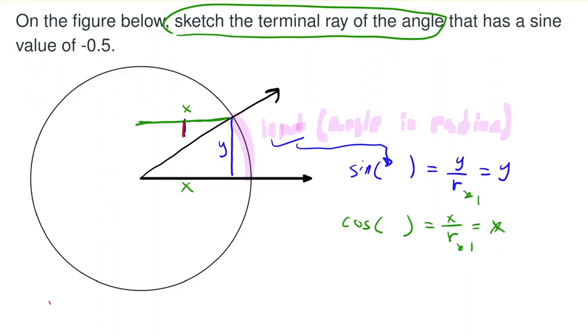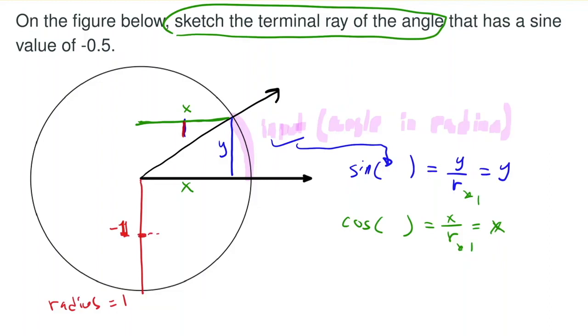The sine value means the y value. Here we know this length is 1, but in terms of coordinates it is negative 1, since it's going down.